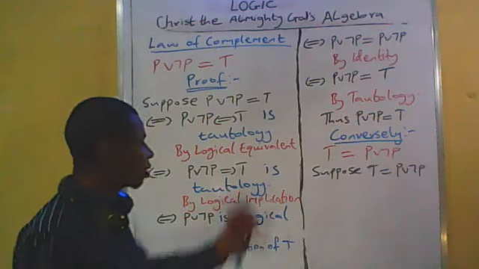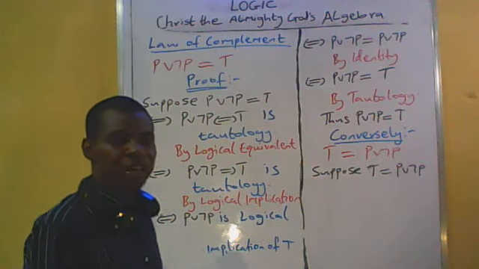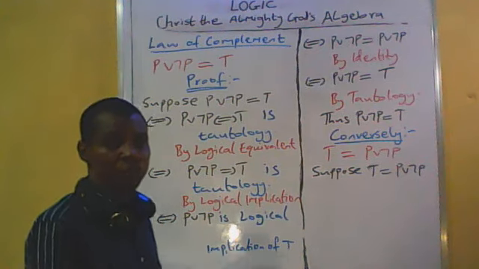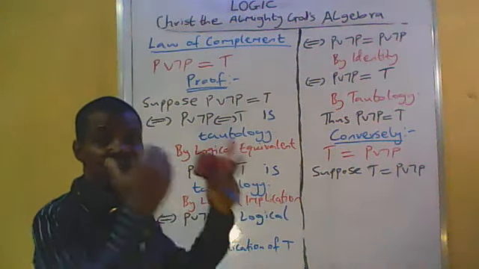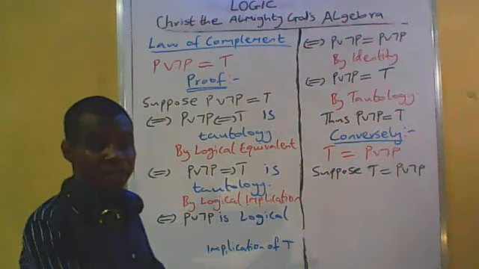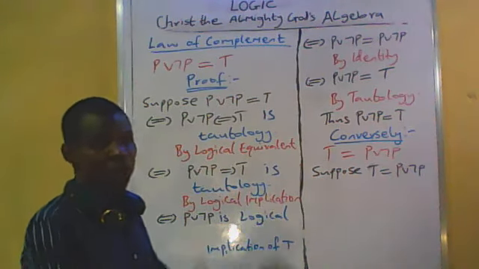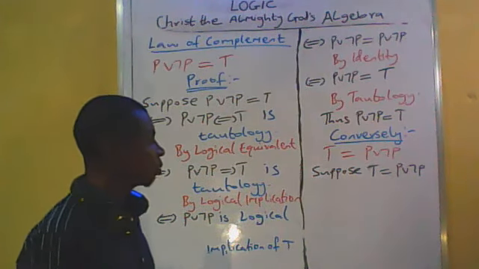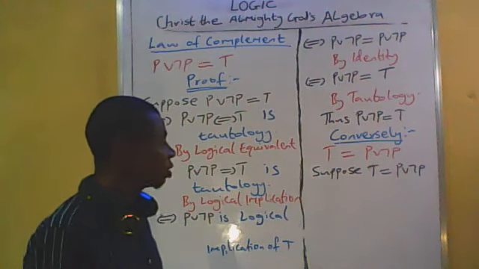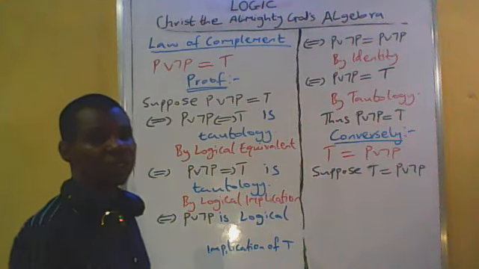And you know that the statement is logical equivalent. Because whenever the left hand of the equation is true, also the right hand of the equation is also true. Whenever the right hand of the equation is true, also the left hand of the equation is also true. You say it's logical equivalent. Since it's logical equivalent, we are going to transform it to a biconditional statement.